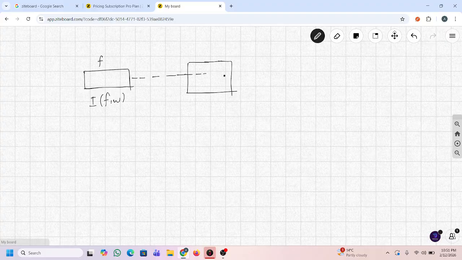Let us say this is the w in this model world. Okay. So, the interpretation function is connecting a formula to w. Right.